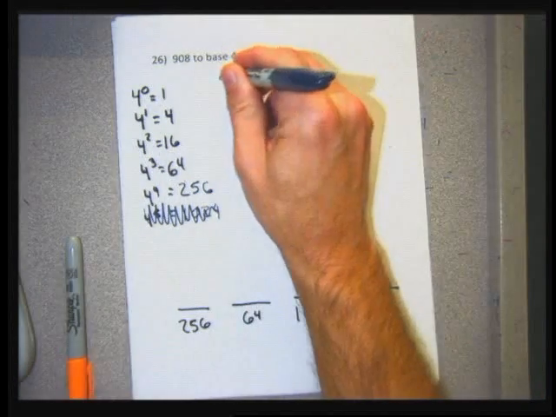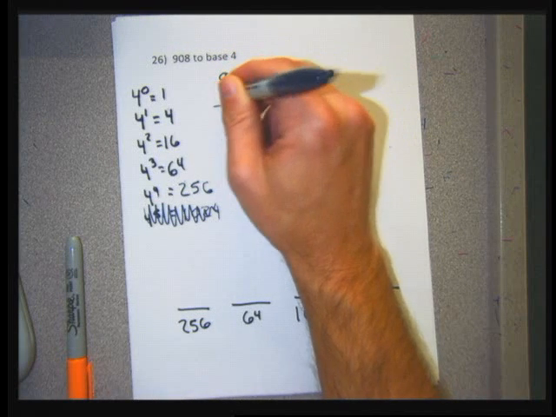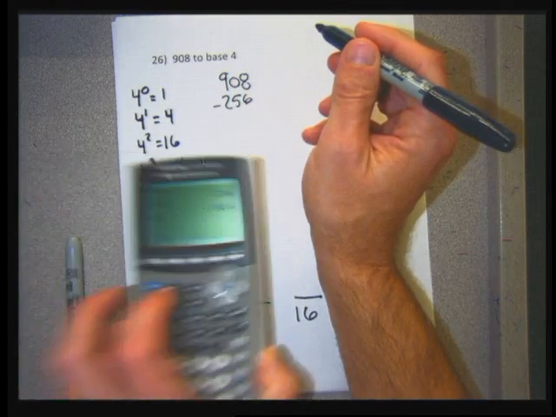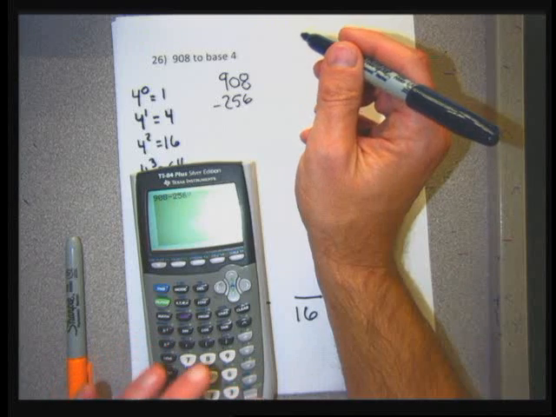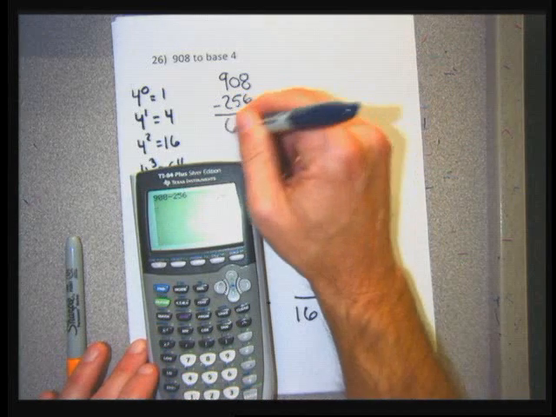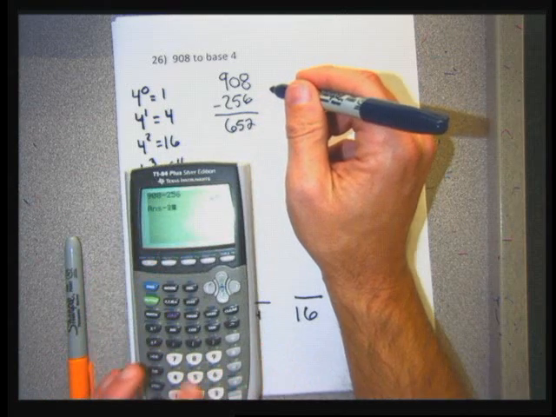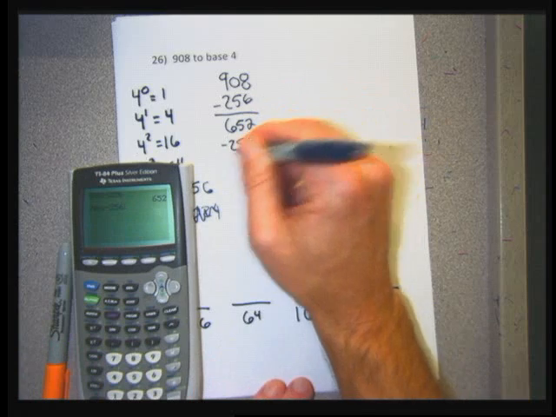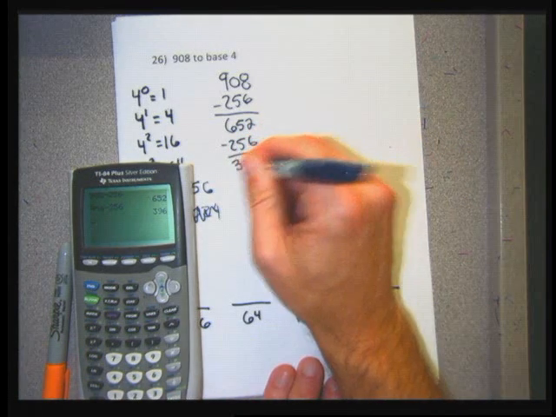So I'm going to take my number that's 908 and start subtracting 256 and find out how many times I can subtract it. I'll use my calculator for this. 908 minus 256, and I get 652. I'll try to subtract it again, so I go minus 256, and that gives me 396.